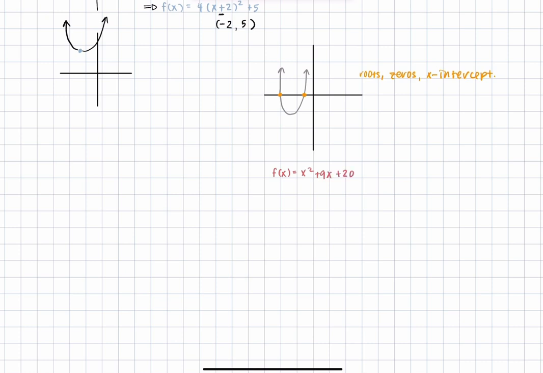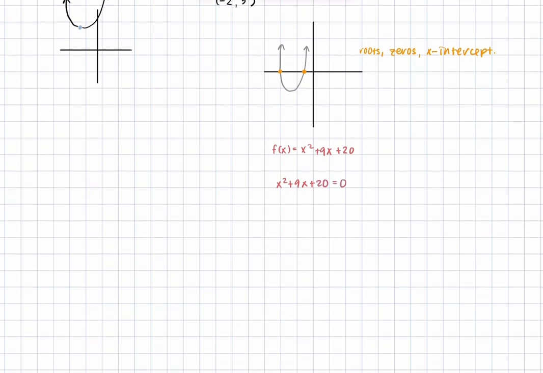To solve, we would set this equation to 0: x squared plus 9x plus 20 equals 0. And then we would factor. Before we factor, one important thing to notice is that this number, 20, is going to be our y-intercept. The c value is your y-intercept. So let me go ahead and write that to the side.